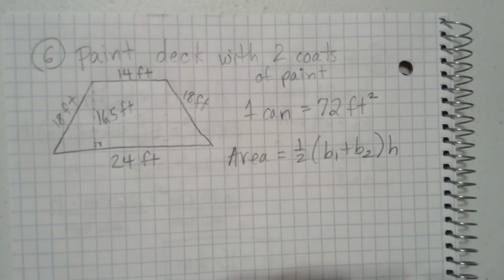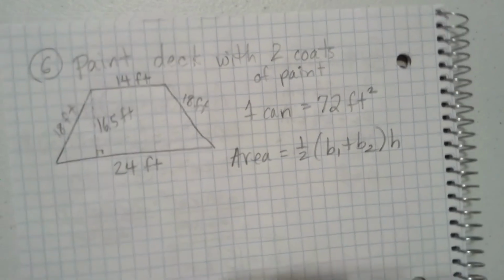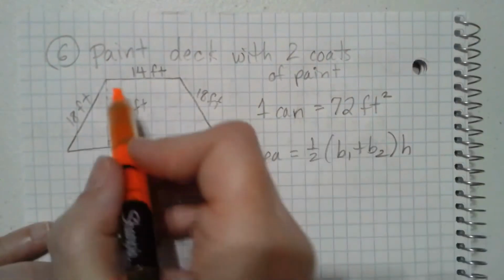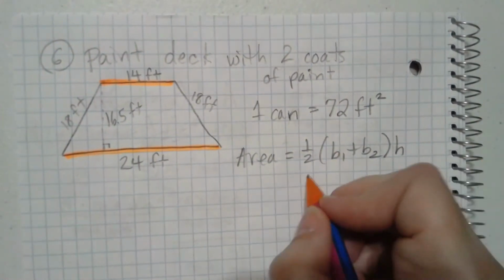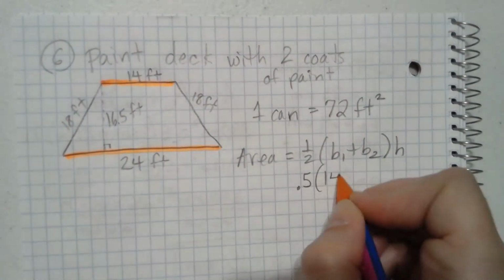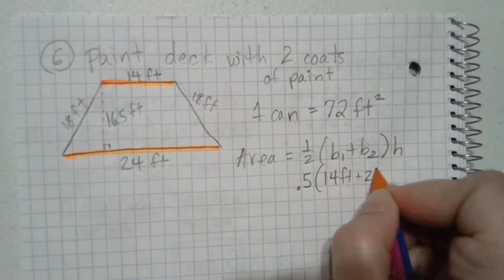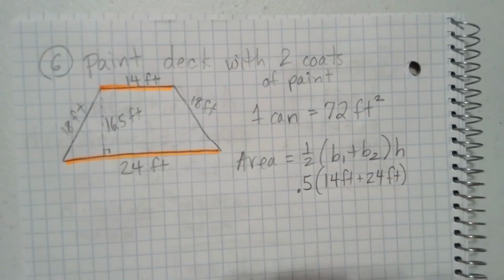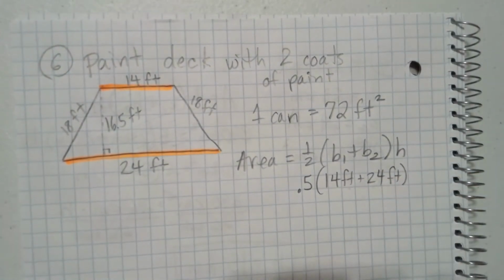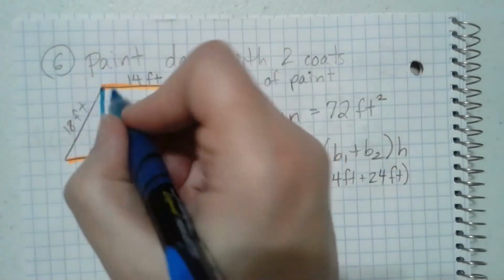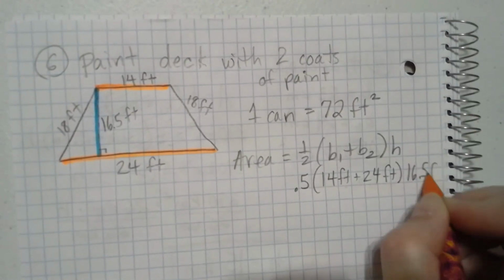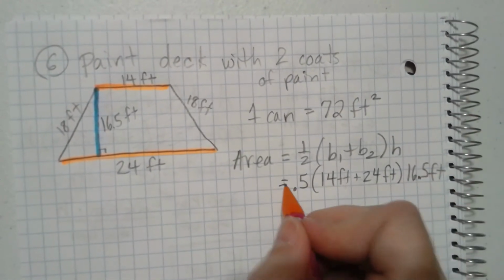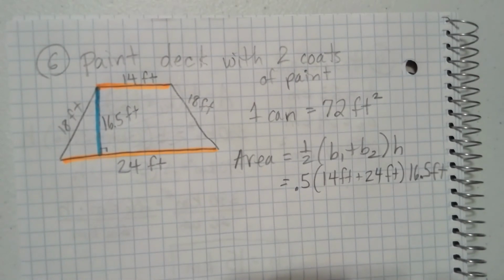Where are the 2 bases? Bases are parallel to each other. So that's going to be half of 14 feet plus 24 feet. The height is the part that makes the right angle, so that's this 16.5. And that's going to give us the area.